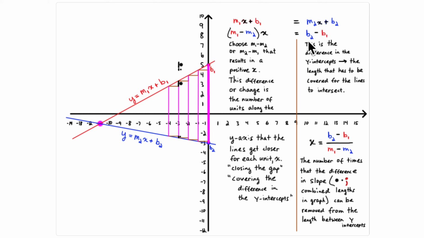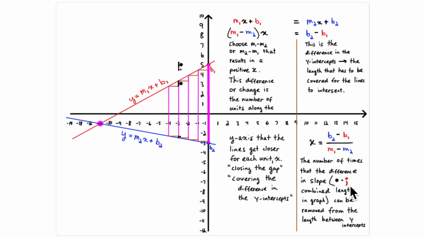So this difference, this length right here, divided by how much the difference in the slope is, because that's how much this length is covered for each unit x. So x is the number of times you can take that difference in slope away from this length right here.